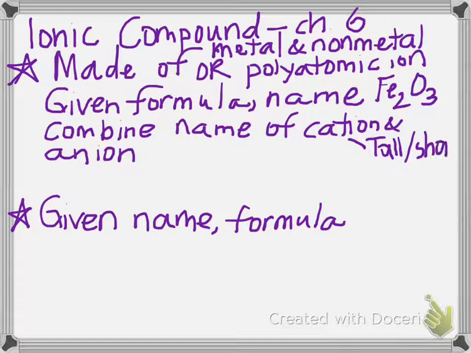That's on your flow chart that you made in chapter 6. Because if it's in a short column, so it's a transition metal, it might have more than one possible charge. And if it had more than one possible charge, you had to name it twice, right? Two ways, the stock and the classical systems.